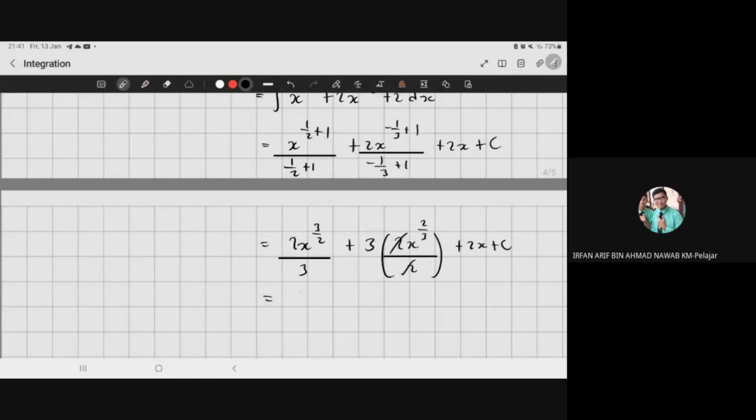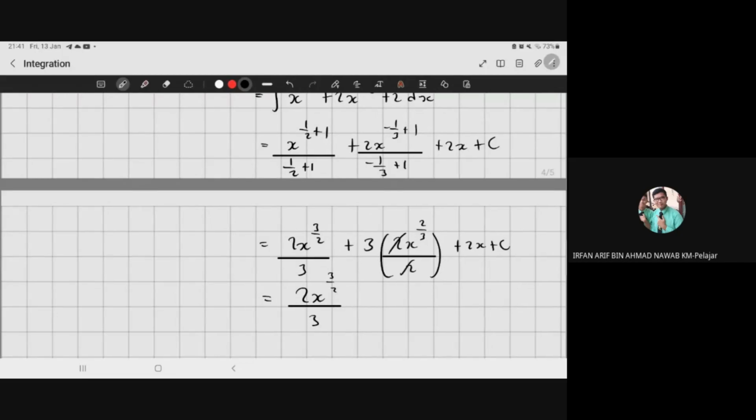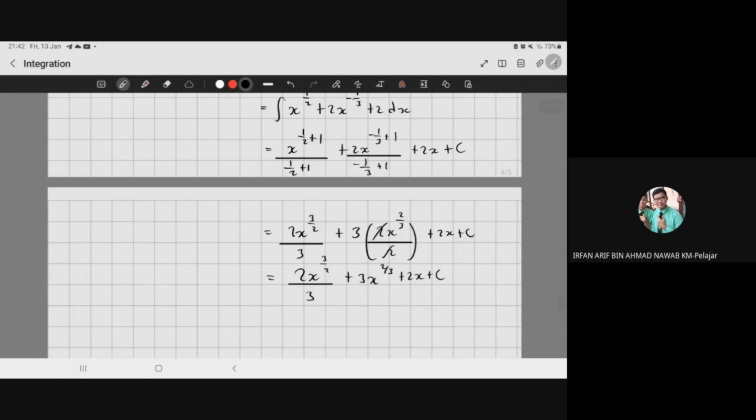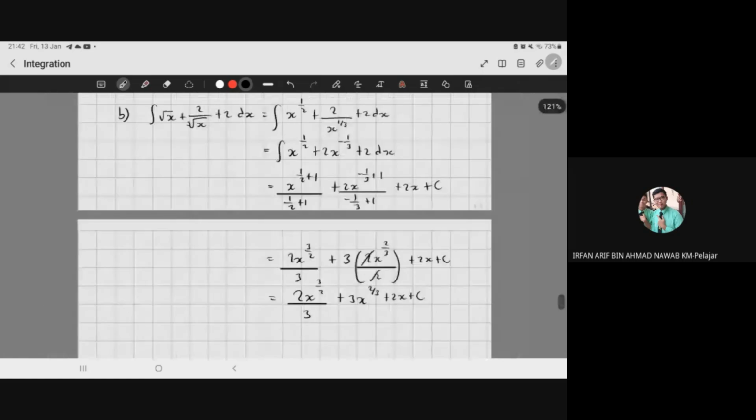You should get 2x to the power of 3 over 2 over 3 plus 3x to the power of 2 over 3 plus 2x plus c. All right, you should get that one. If you want to recheck it, you could differentiate with respect to x, and you should get the previous function, right?